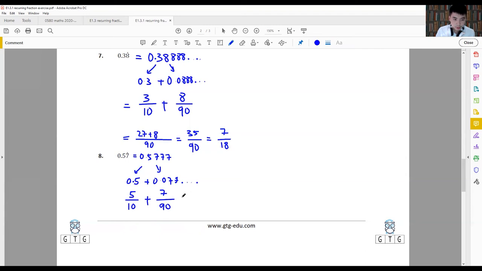Convert them into the same denominator. They will both have 90, and then this is times 9, so it's going to be 45 plus 7, and you would end up having 52 over 90, which then can be simplified into 26 over 45. Now, 26 over 45 will definitely give you the decimal of 0.577777. Okay?